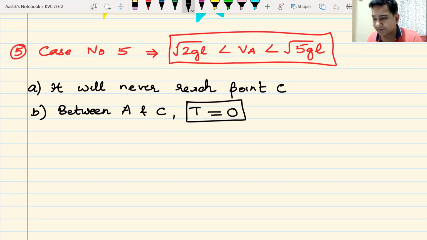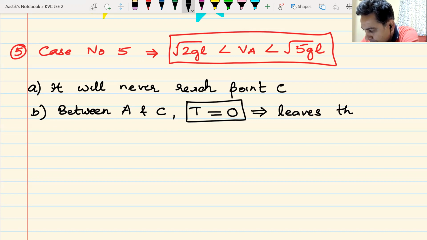Do you all understand this? Yes, sir. And it leaves the circular path. It will not keep on moving in the circle. It will just leave the circular path. And if it leaves the circular path, it will never reach point C.